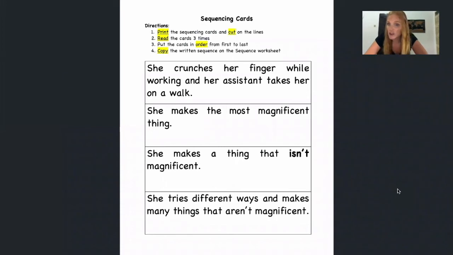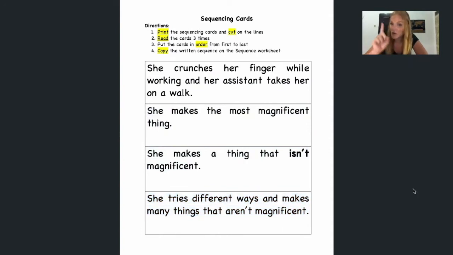Okay, so if you're looking at these cards, which picture relates to that card? She made something that was not magnificent. Is it going to be the first one, the second one, the third one, or the fourth one?